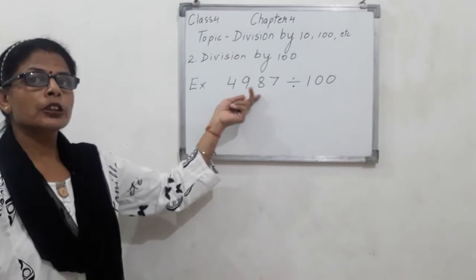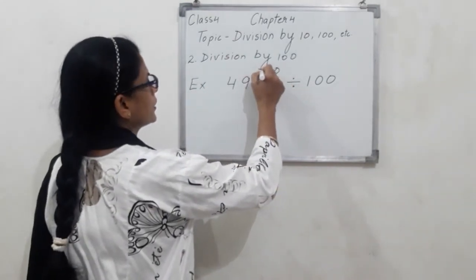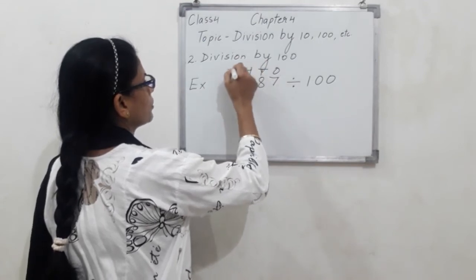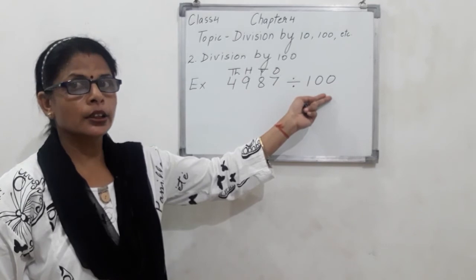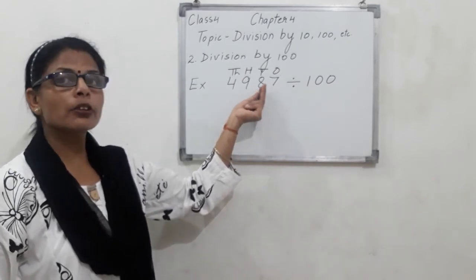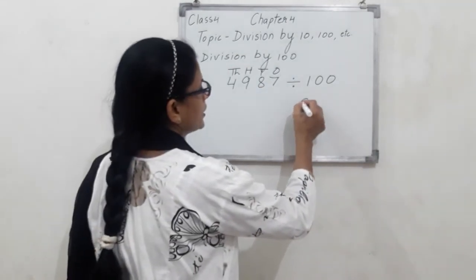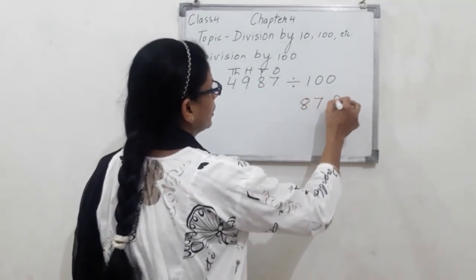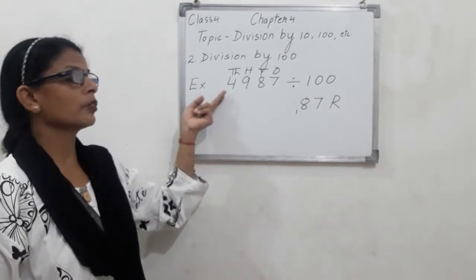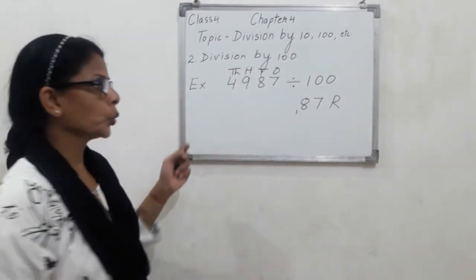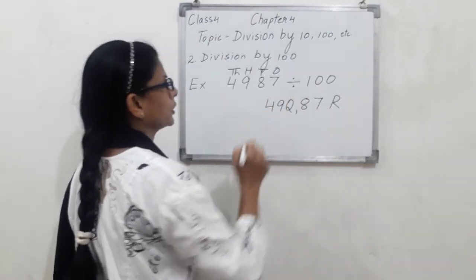So first we'll put the places: ones, tens, 100, 1000. If there are 2 zeros in the divisor, the ones and the tens place will become the remainder. Yes, 87 will be the remainder and the rest of the places, 100, 1000 or whatever places there are, will become the quotient. So 49 is the quotient.